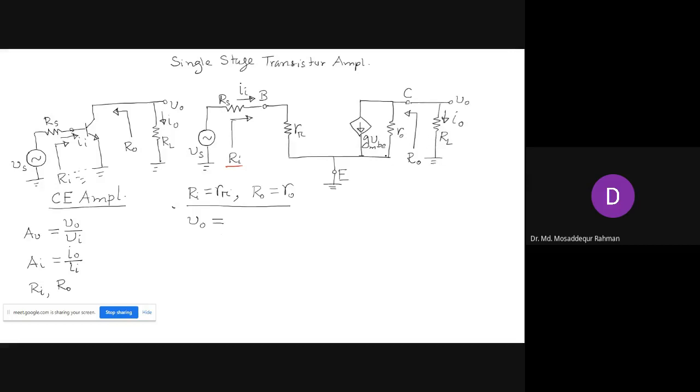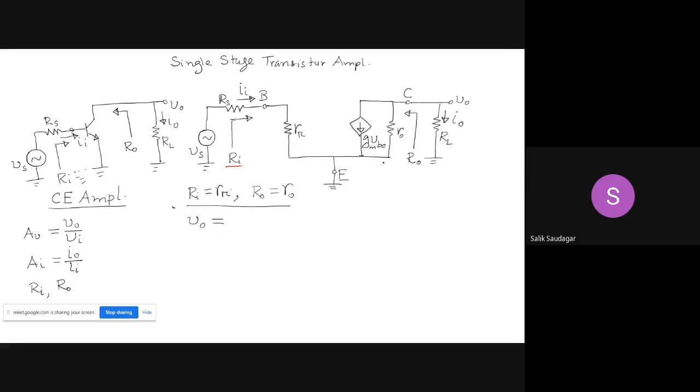But if you look more closely, we can have a better expression that will be more straightforward to determine the voltage. What is the other expression we can write for V naught? gmVBE times r naught.